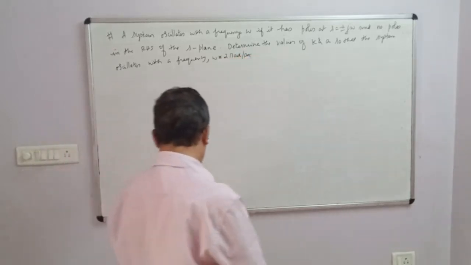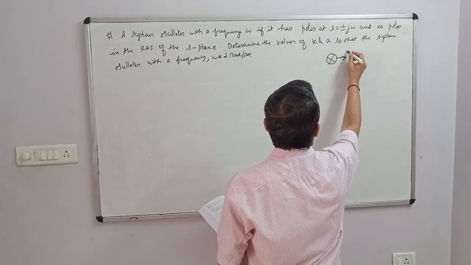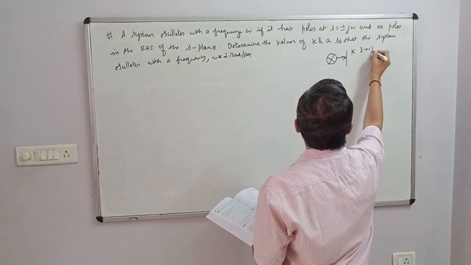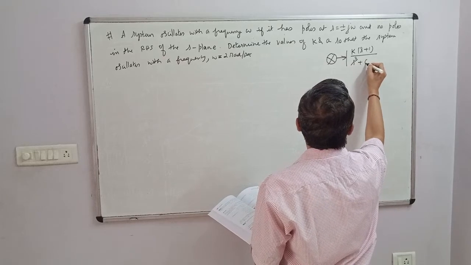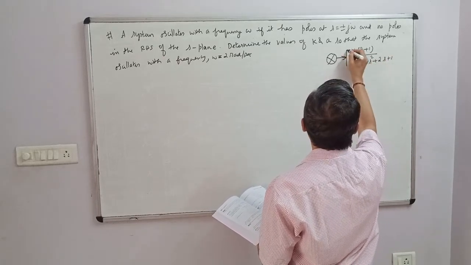The system is shown in the figure: K into S plus 1 divided by S cube plus A S square plus 2S plus 1.